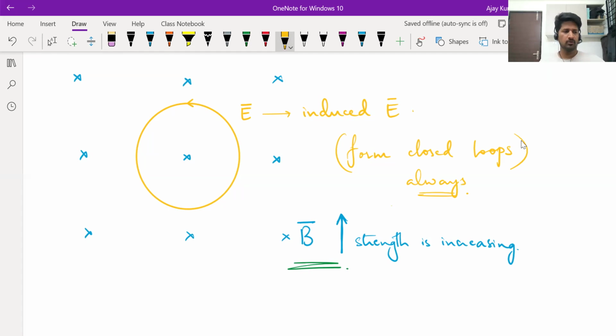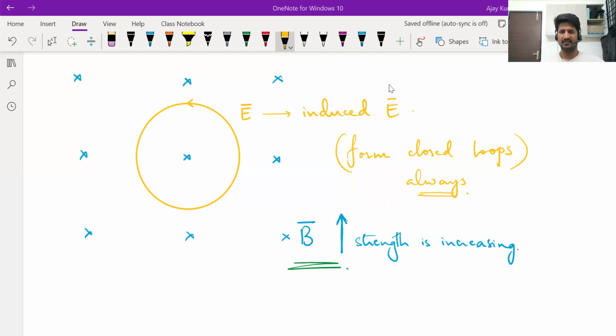Okay, and observe one more thing also. Here, what is the direction of the magnetic field? Look at those crosses and tell me what is the direction of the magnetic field that we have considered?